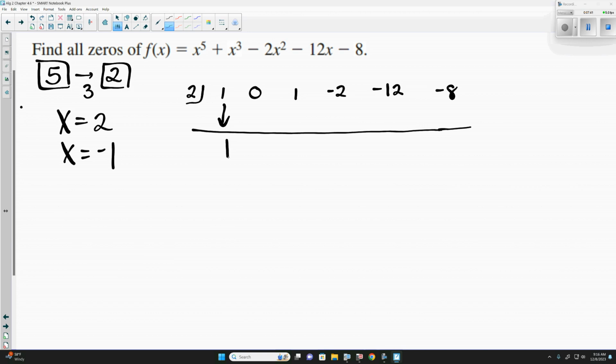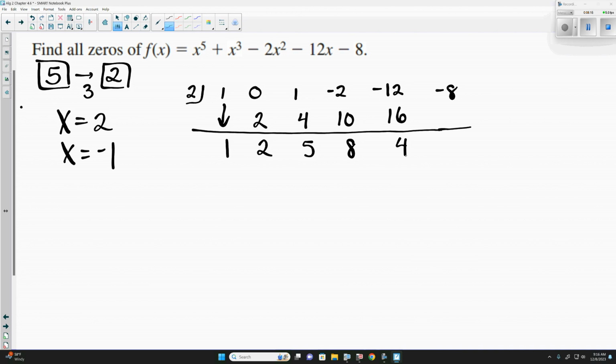Now the next thing we can do is our multiplication. 2 times 1 is 2. 0 plus 2 is 2. 2 times 2 is 4. 1 plus 4 is 5. 2 times 5 is 10. -2 plus 10 is +8. 2 times 8 is 16. -12 plus 16 is 4.